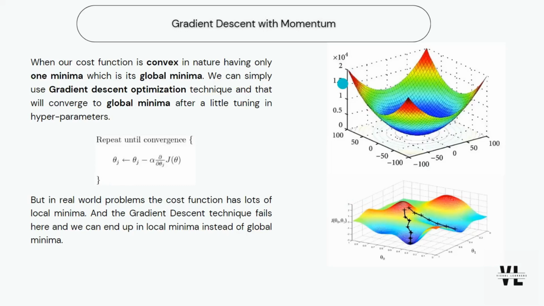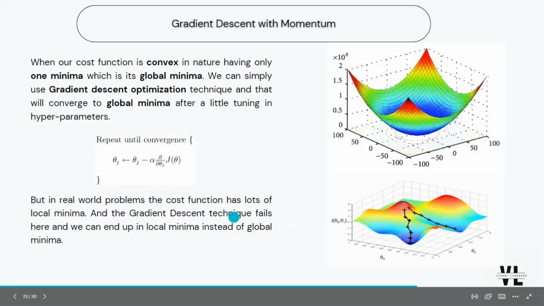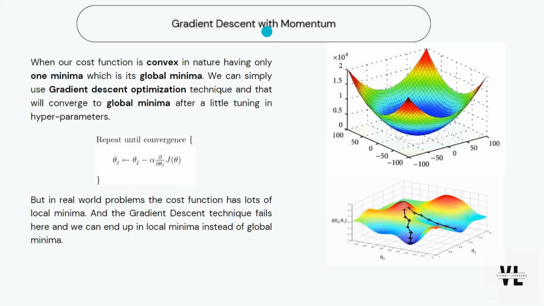It is not going to be a perfect ball shape, and the gradient descent that we introduced before is going to break down and not find the global minimum, and it's going to find the local minimum, and it's basically going to stay there. So the purpose of gradient descent with momentum is to fix that problem.